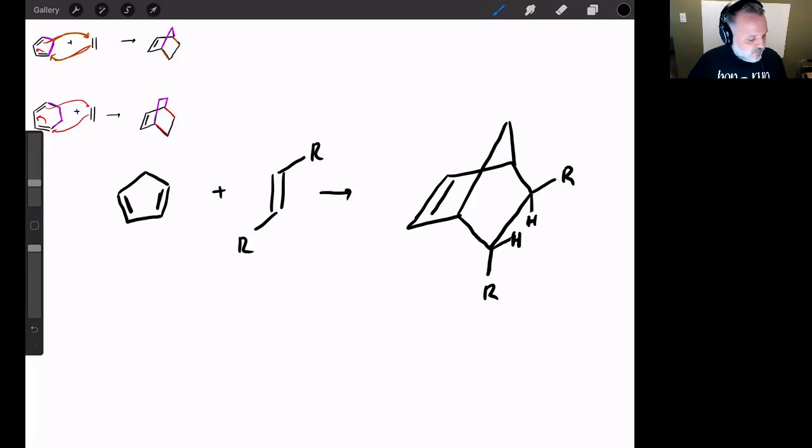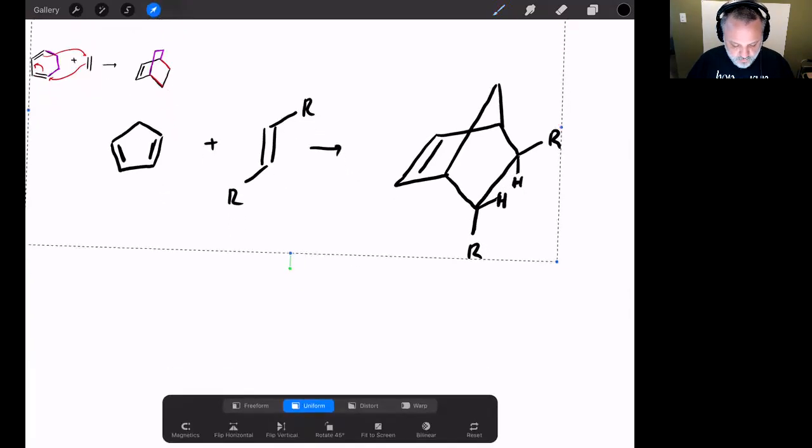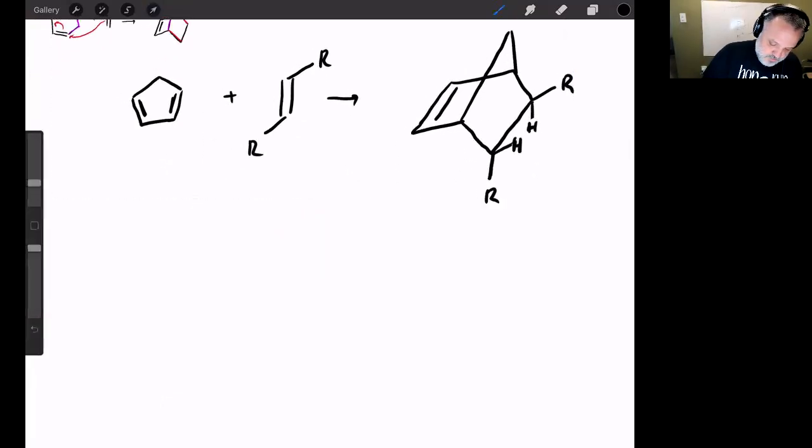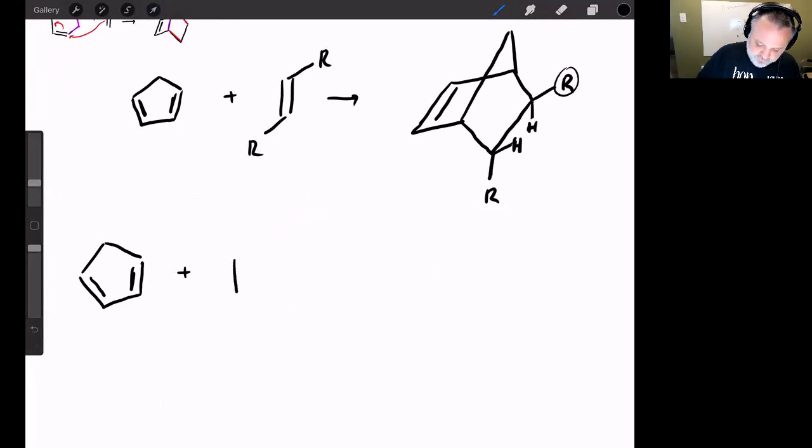If I were to do the same reaction, but with a cis dienophile, then won't I actually have two possible outcomes? Well, there are still two possible outcomes where the R groups could be switched around, but that's not what I'm talking about. I'm talking about this. Let's make them cis.